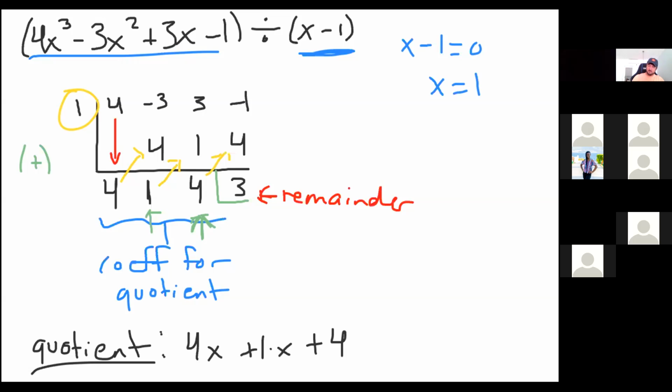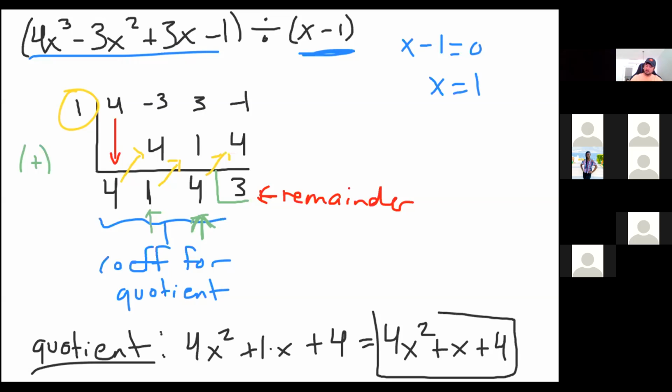It'll be a 4x squared. And if I had more numbers, I would keep traveling to the left, and it would be my x cubed term, my x to the 4th term, my x to the 5th term, and so on. And I can just simplify this down to 4x squared plus x plus 4. So 4x squared plus x plus 4. That is my quotient from the synthetic division.